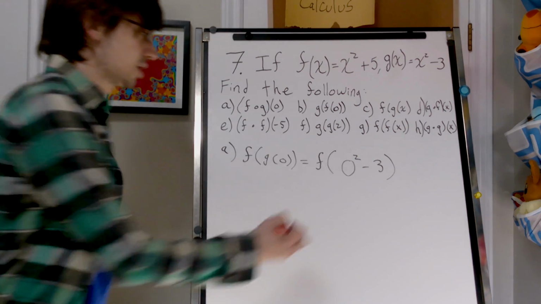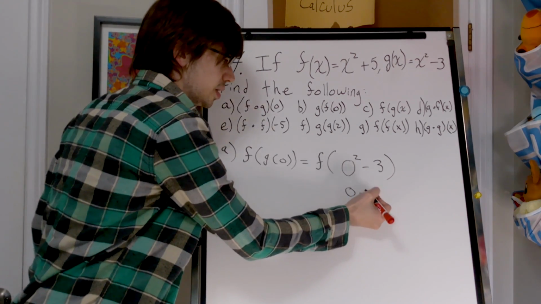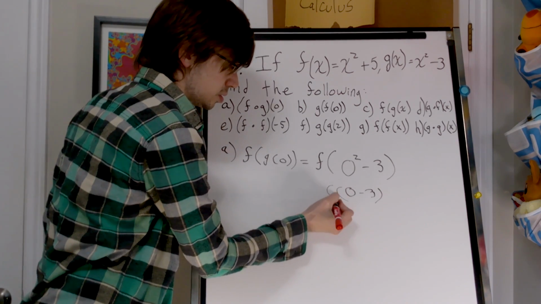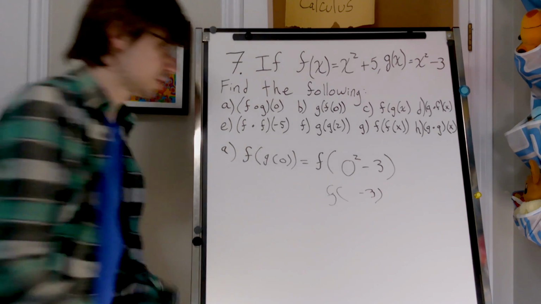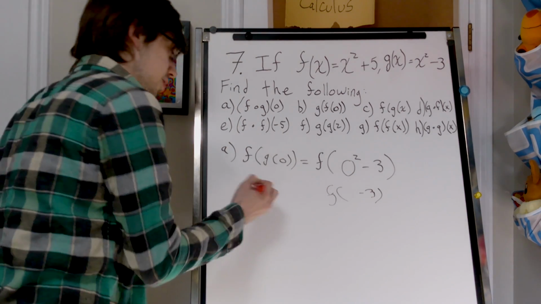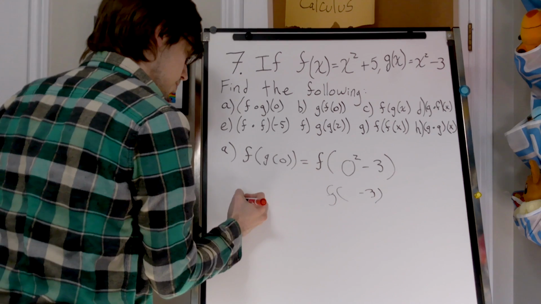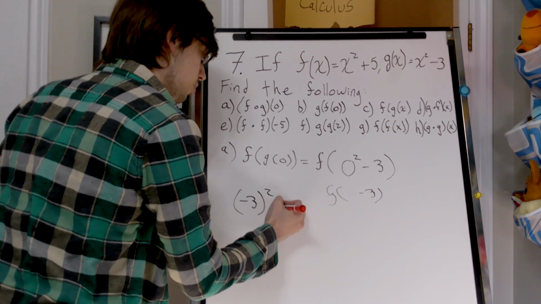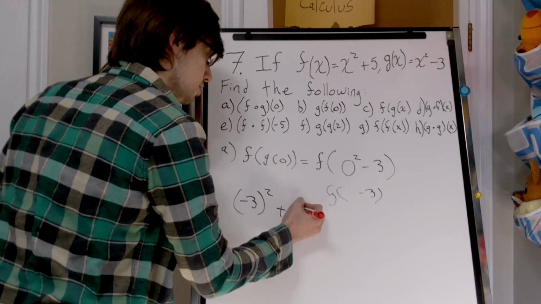Well, 0 squared is 0, minus 3 is minus 3. So we are looking for f of minus 3. So we plug minus 3 in for f of x.